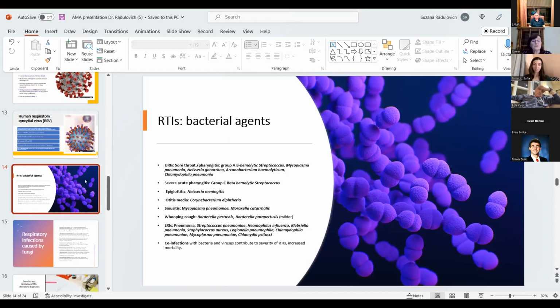Bordetella is known to cause whooping cough. We know that if we have a patient with co-infection with virus and bacteria, we see severity of RTI progress and increased mortality as well.